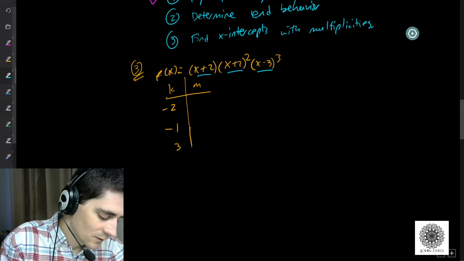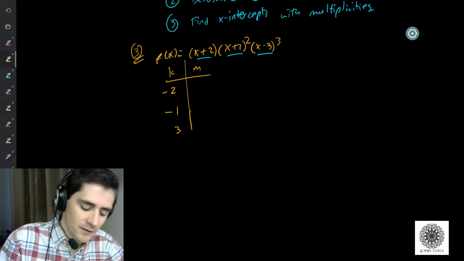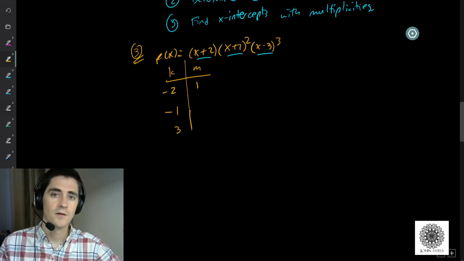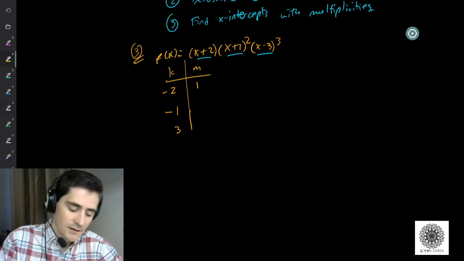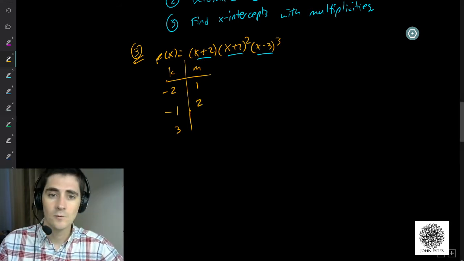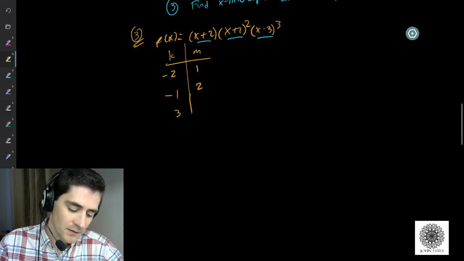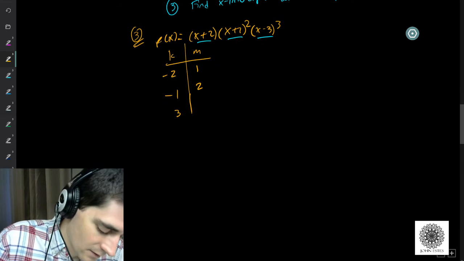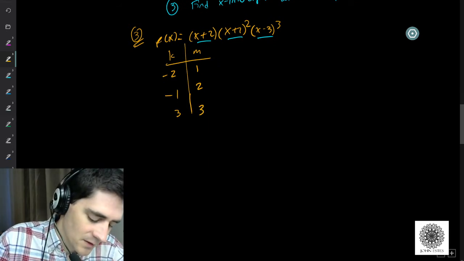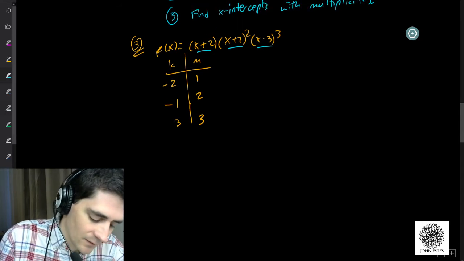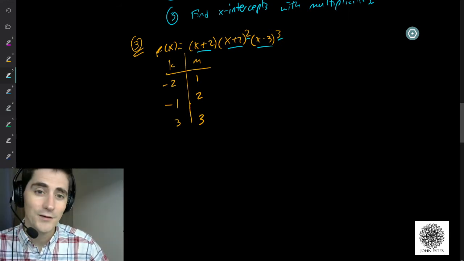The multiplicities associated with each one of those, let's see, well, -2 is a 0, but in my factoring it only shows up one time, so it has a multiplicity of 1. -1 is a 0, but it has a multiplicity of 2 because it shows up twice in the factoring here. And then 3 is a 0 with multiplicity 3 because in the factoring here, the 3 shows up 3 times because it's x minus 3 quantity cubed.